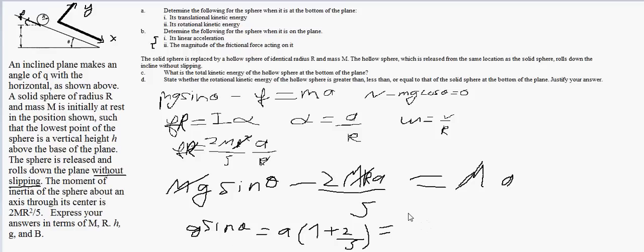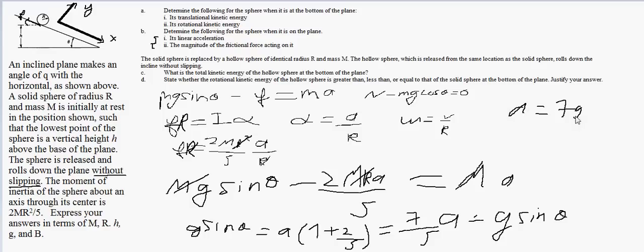So 7/5 times the acceleration equals g sine alpha. Therefore, the acceleration is basically 7g sine alpha over 5.